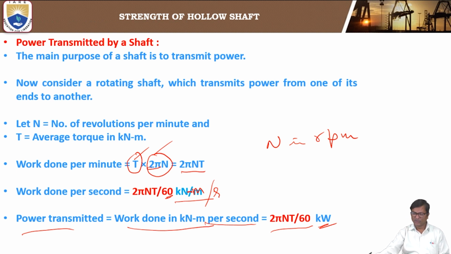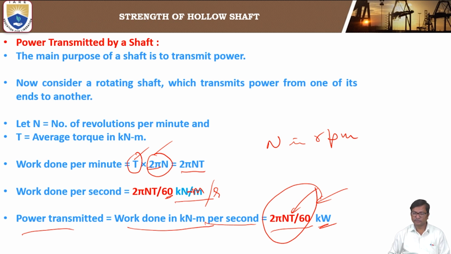So knowing torque or twisting moment on the shaft, we can calculate the power transmitted by using the expression 2 pi N T by 60. This is the power transmitted by the shaft.